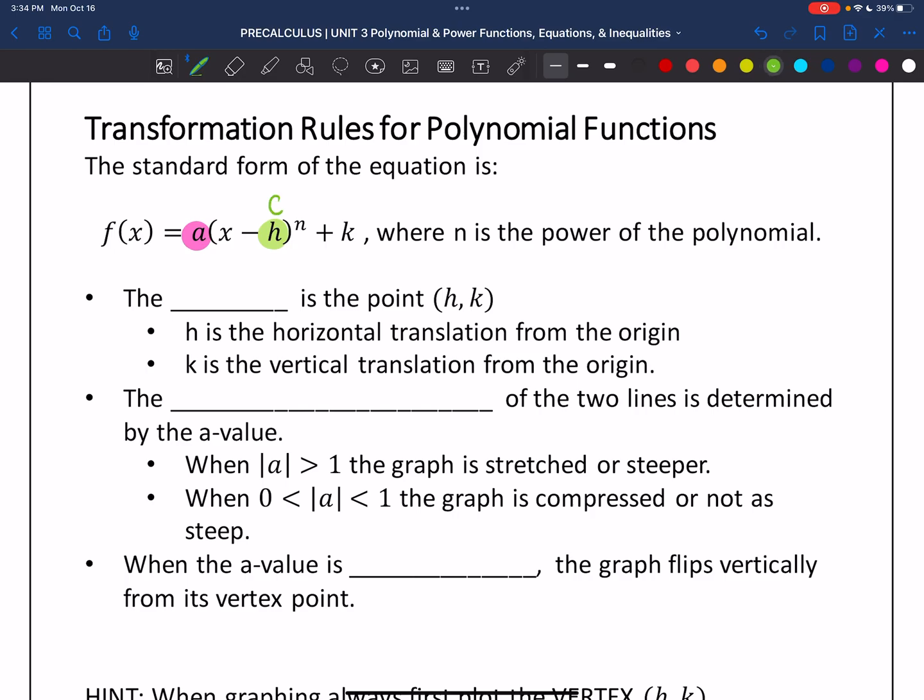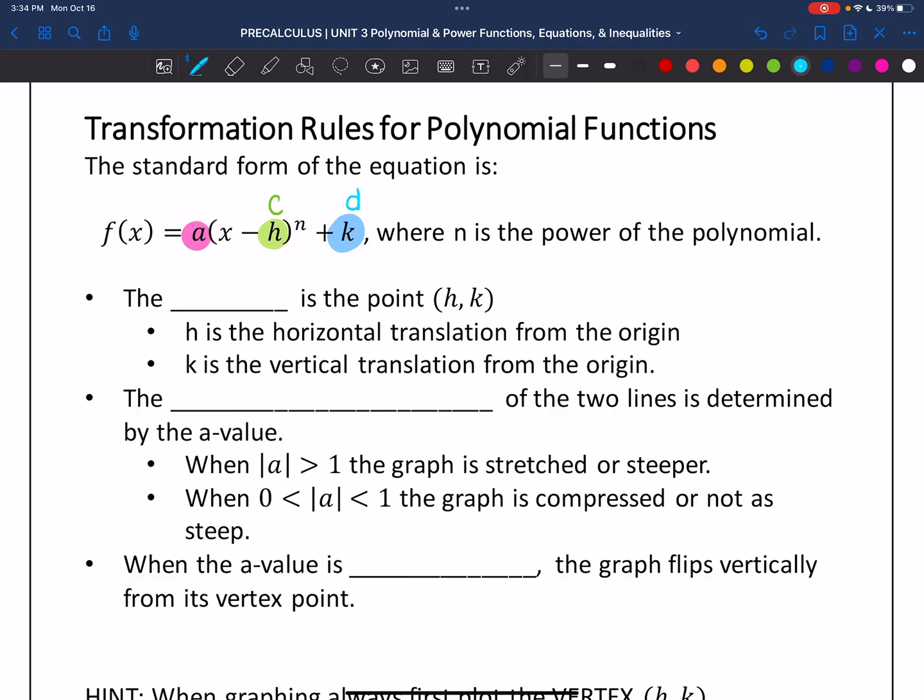And then that expression, the x minus h, is raised to the power of n. And then last of all, we have our plus k value out on the end. And again, some texts will, instead of the k, use the letter d, just so that you're aware there.